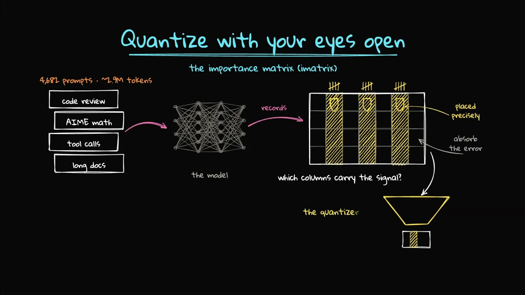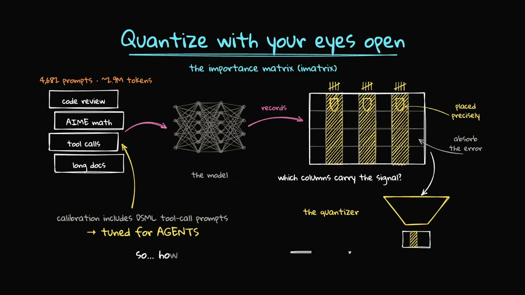Then the quantizer uses that map. The heavily used columns get protected, placed more precisely on those 4 levels. The rarely used ones absorb the error. The calibration set includes tool-calling prompts in DeepSeek's own format. They tune the quantization for agentic work, exactly where cheap quants usually fall apart.